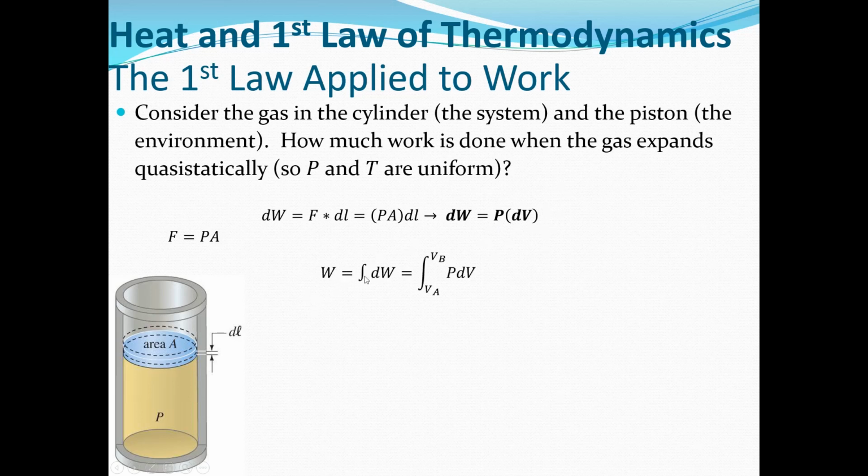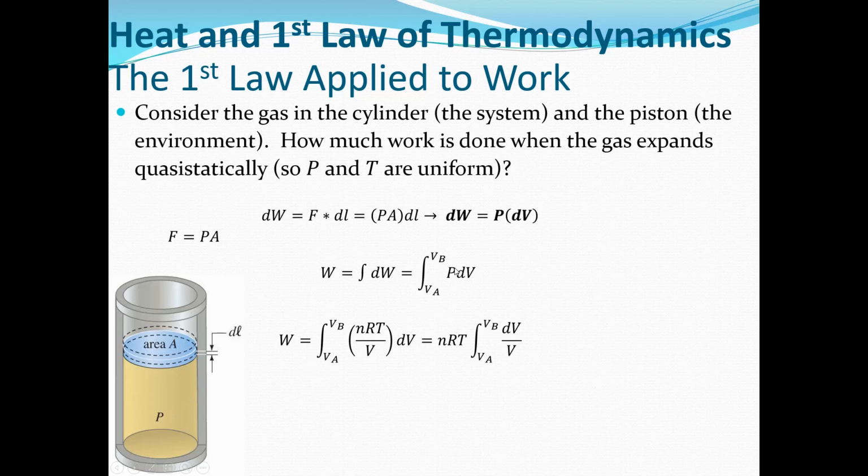Now the way that we find work is by taking this equation and integrating it between the two volume points. Actually, the pressure doesn't remain the same. I misspoke there. It's uniform, meaning it's going to be the same value throughout, but it's not constant.